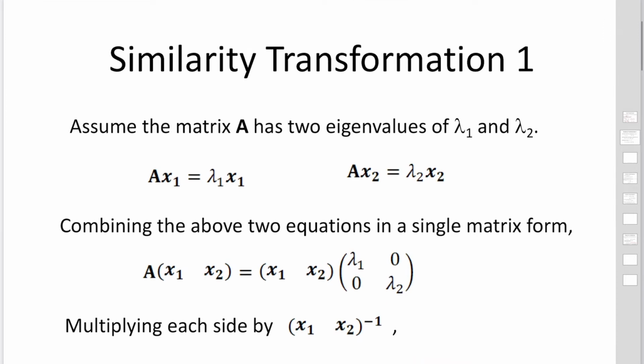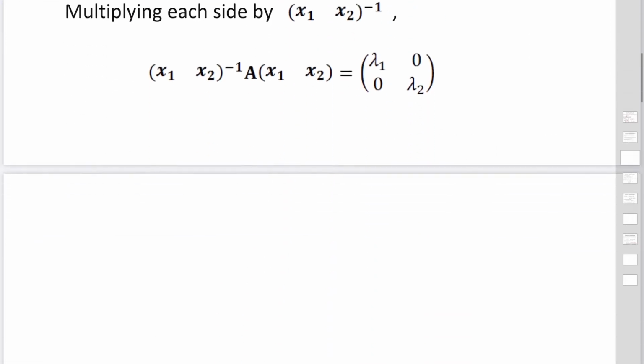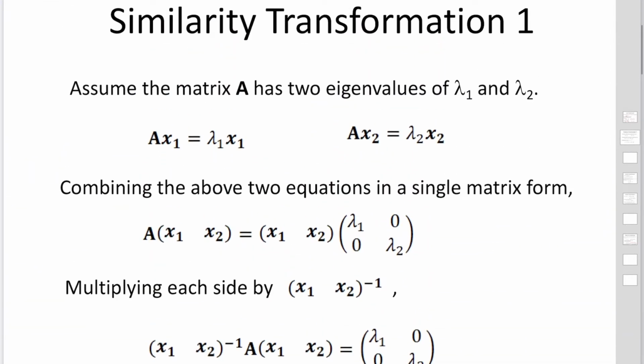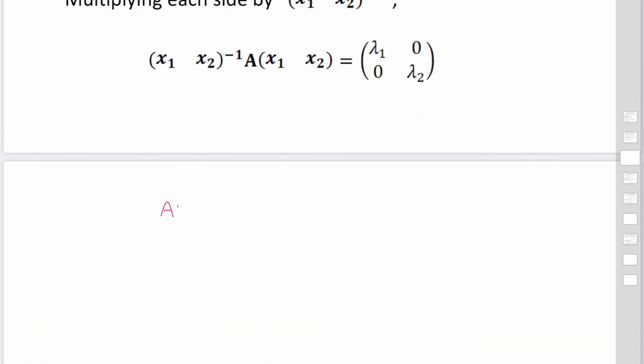Then we would like to combine these two equations into a single equation. Assume that A has two eigenvalues, lambda sub 1 and lambda sub 2, and the corresponding eigenvectors are x sub 1 and x sub 2. So we have these two equations, A x1 and A x2.